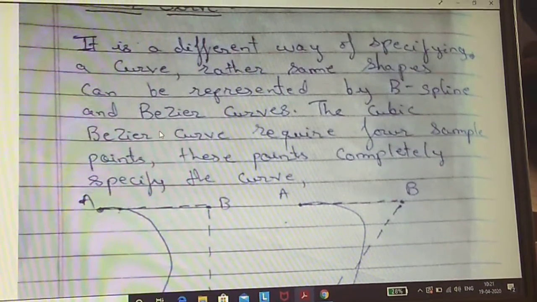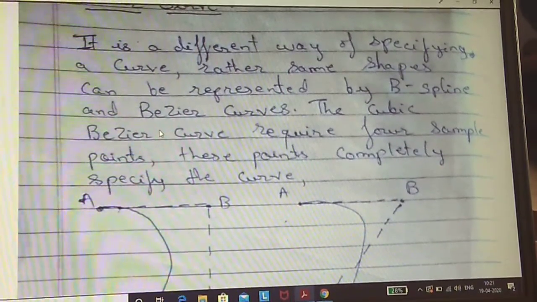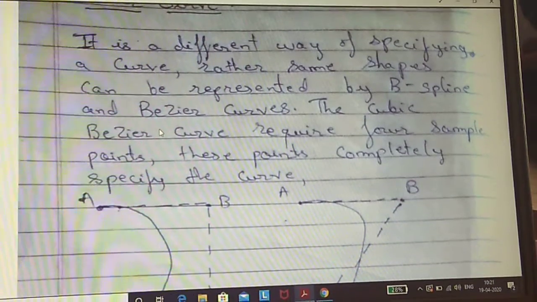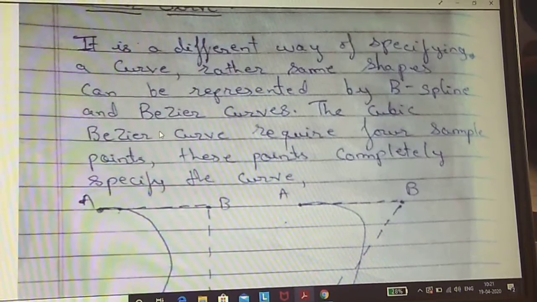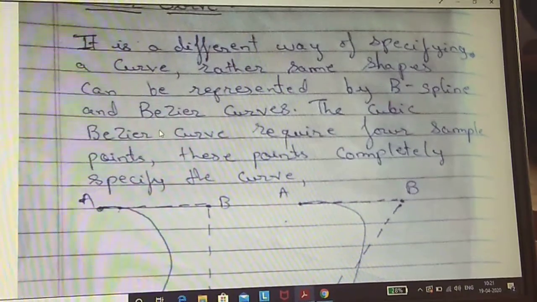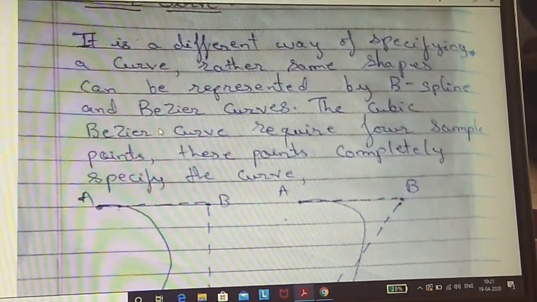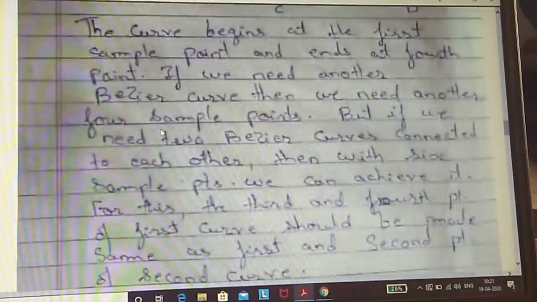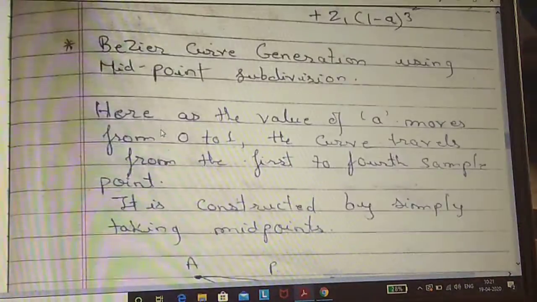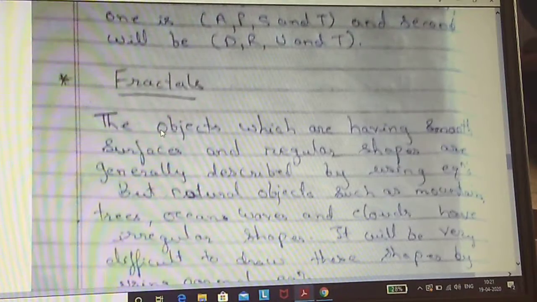This means that the curve does not oscillate about any straight line more than the defining polygon. The curve is invariant under an affine transformation. So for any transformation it does not show any variations. Next we'll see fractals in the next video.